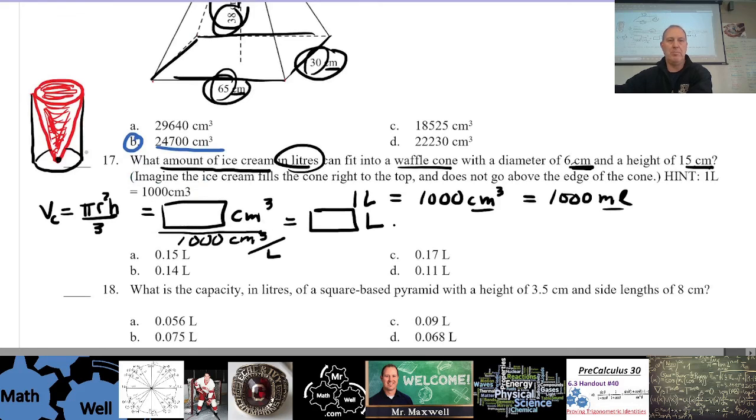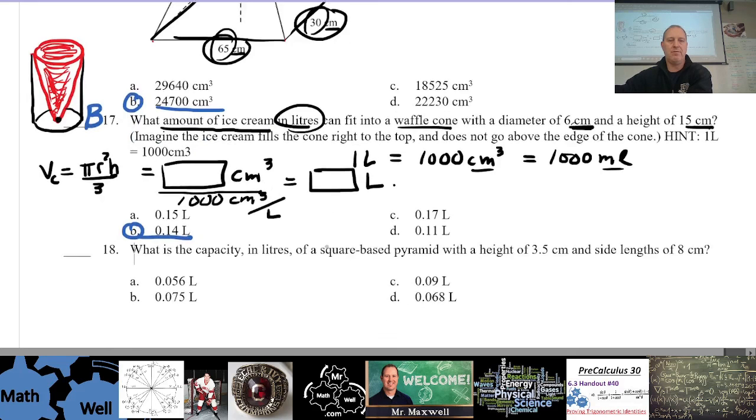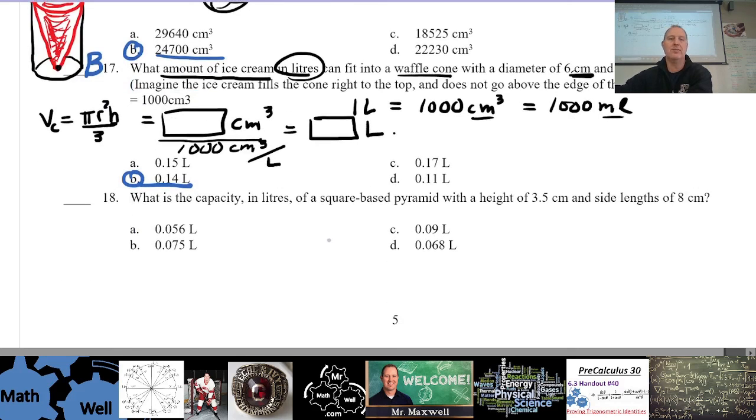That one should be B as well. B. And finally 18, surprise, surprise, bit of a theme here. What capacity, remember, show your work. You should have gotten B for 18.